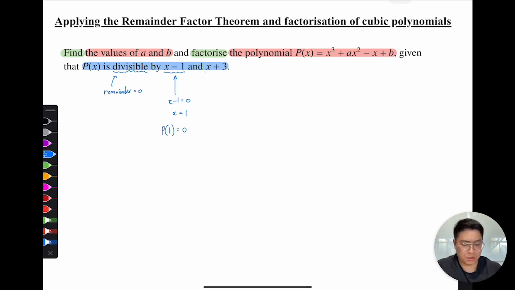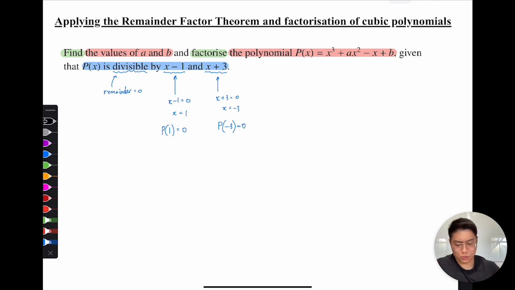And I'm going to do the same here with x plus 3, let that equate to 0. Essentially what we're applying here is the remainder theorem. The remainder here is equal to 0. We can develop this further by saying it's the remainder factor theorem because the remainder is equal to 0.